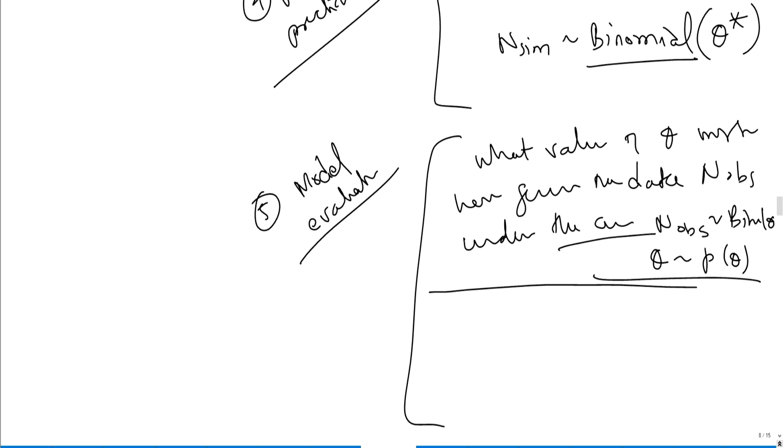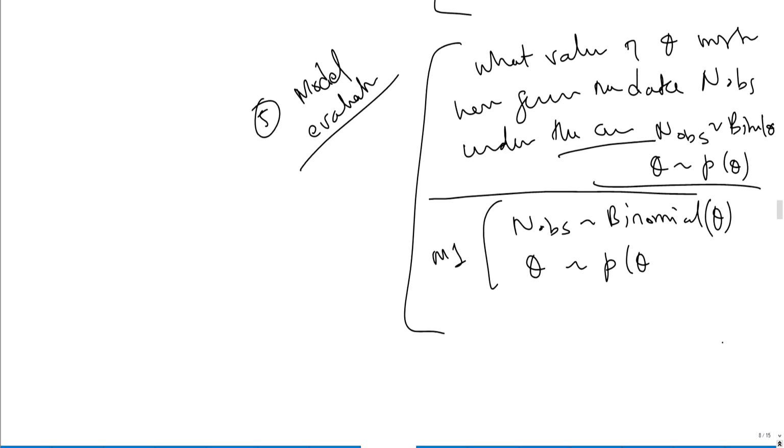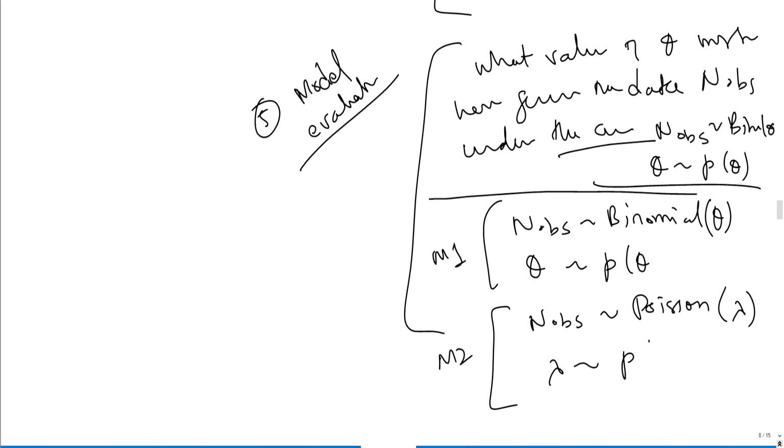So in this step, you compare your model. So what was your model, original model M1? obs comes from binomial theta, where theta comes from p of theta, against some competing model. Now this competing model can differ in terms of either the likelihood assumption or the prior assumption, right, or both, right? So let's say you assume the number of correct responses comes from a Poisson distribution, where lambda comes from p of lambda or something, right?